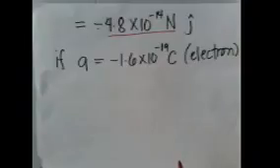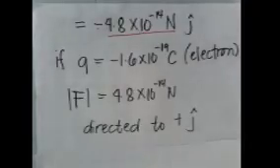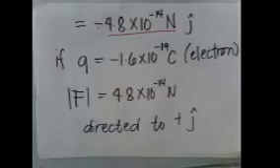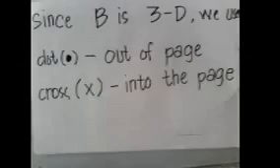Since the proton's force is directed along the negative j hat, the direction for the electron is along the positive j hat. So that is how the charge of the particle affects the direction of the magnetic force.